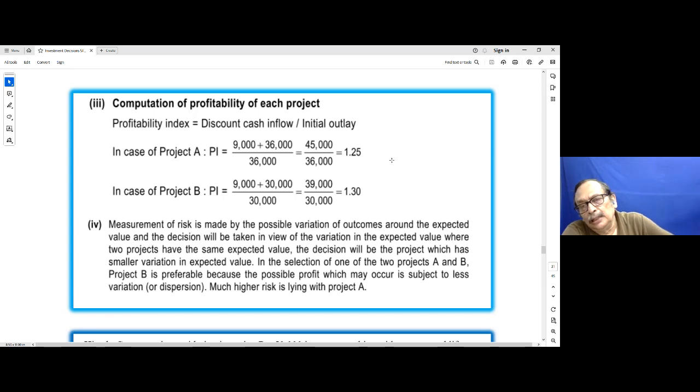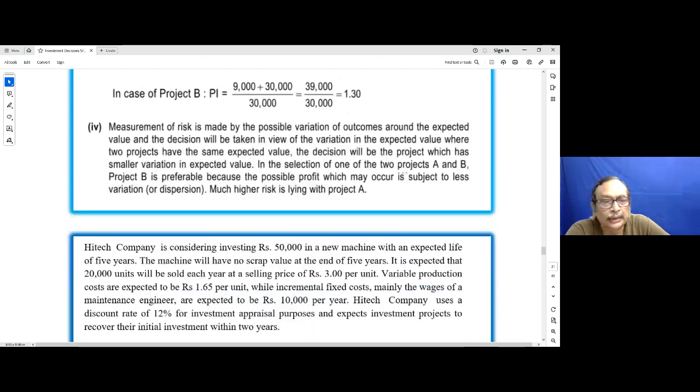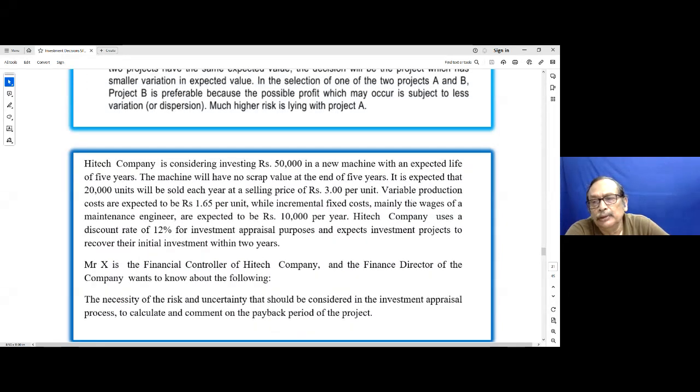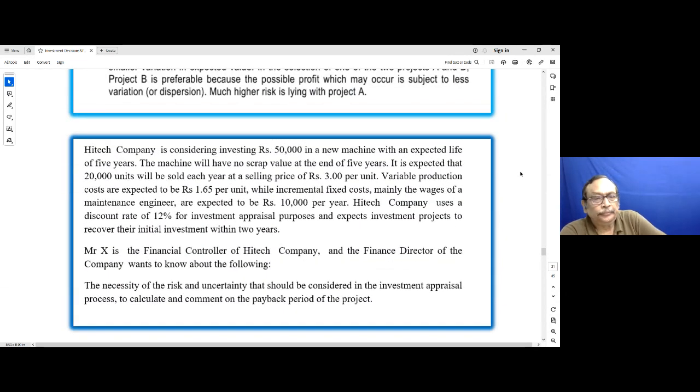This is the gross profitability index, and if we deduct 1 from 1.25 it is 0.25, and 1.3 minus 1 is 0.30, that is the net profitability index, which is also higher for project B, and that we are going to select. Now we are coming to the next problem.